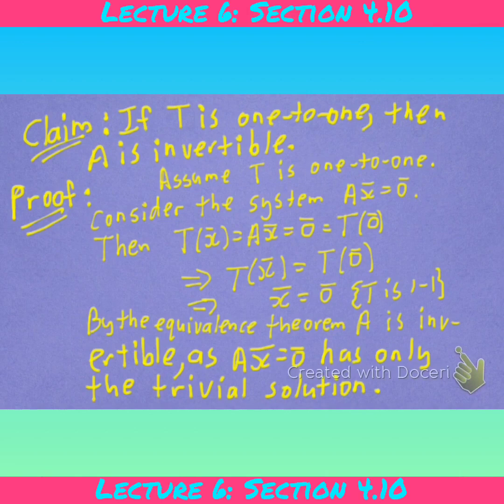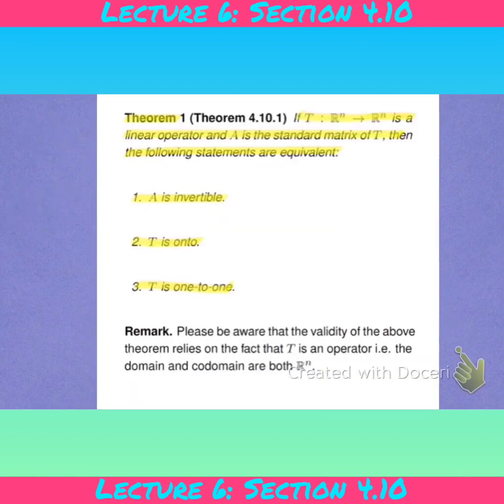Right, so we've proved our claim. Going back, we have shown that A is invertible implies T is onto, and T is onto implies A is invertible. We showed that if T is onto, then T is 1 to 1.